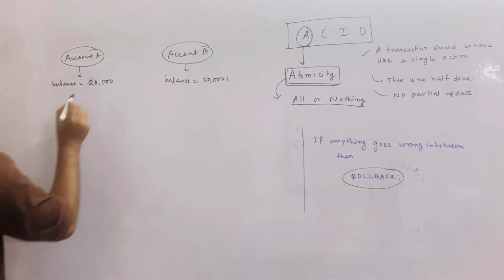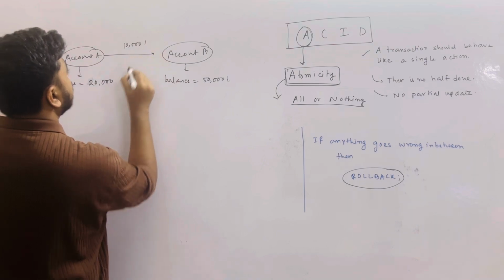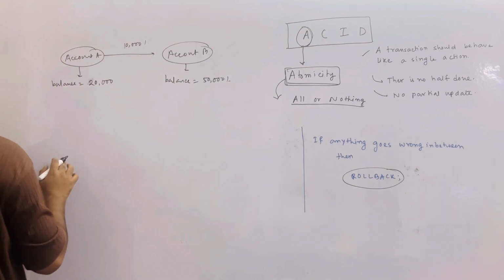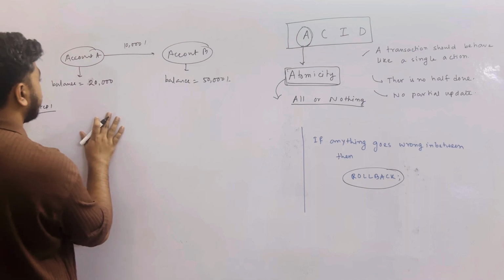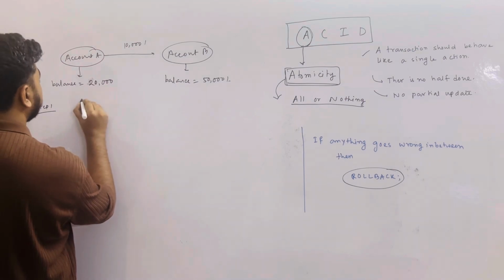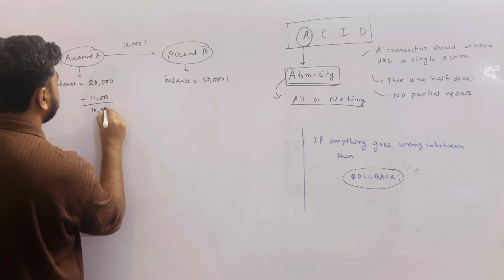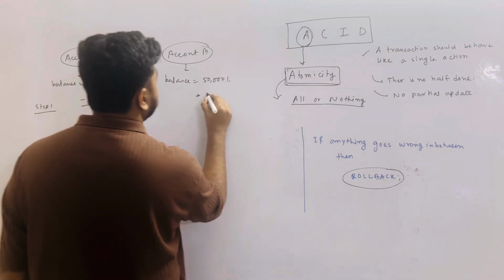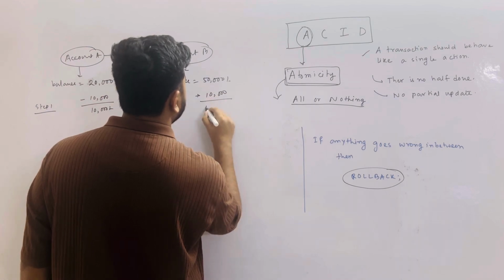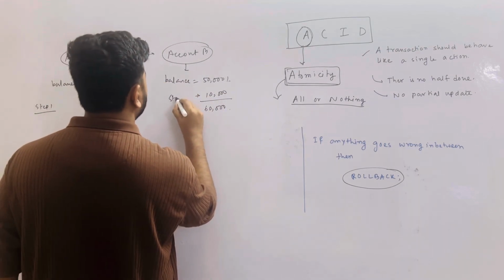Now account A wants to transfer 10,000 rupees to account B. In step 1 inside the transaction we are deducting 10,000, so the balance becomes 10,000 in account A, and the same 10,000 is getting added here, so 60,000. This is step 1 and this is step 2.